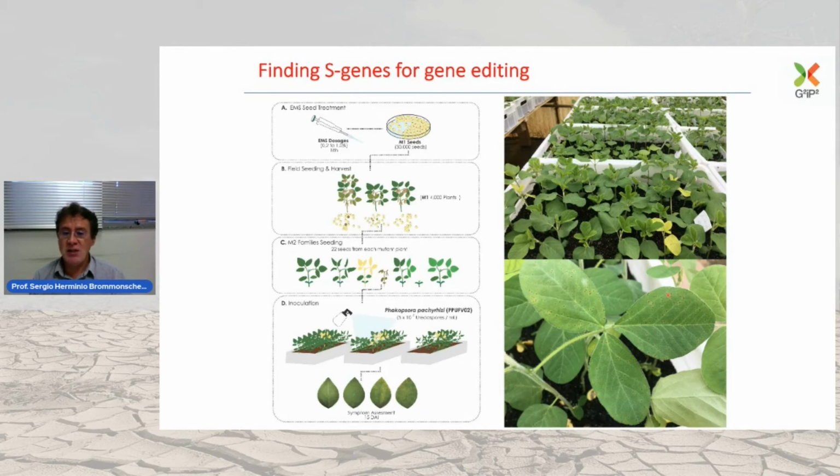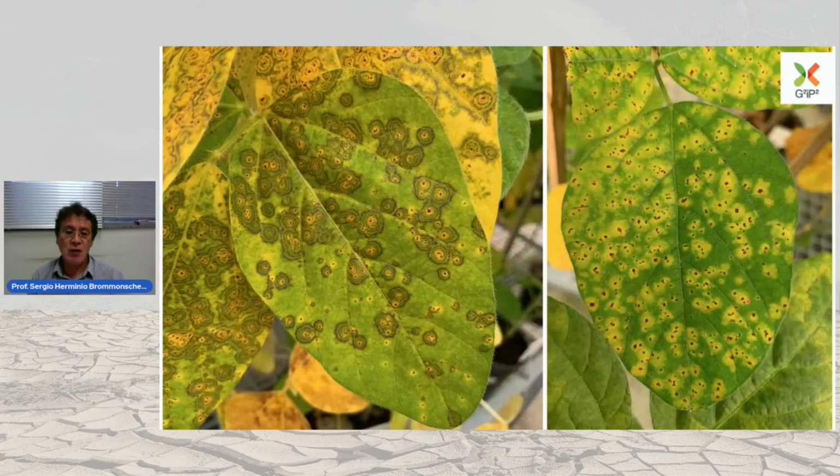Just to give an idea, this is the progeny from one T0 plant that we have inoculated; you can see here different kinds of reaction. It's the kind of reaction that we are looking for. And then we have to go after the gene, try to know what the function of the gene is, and whether this mutation in this gene can have some impact on other functions that are important for plant development.